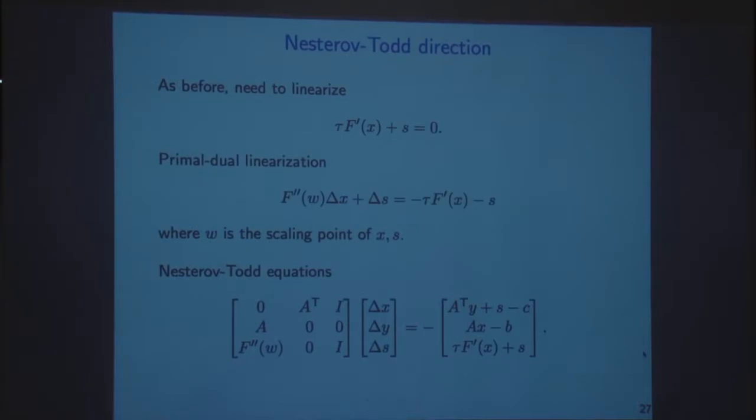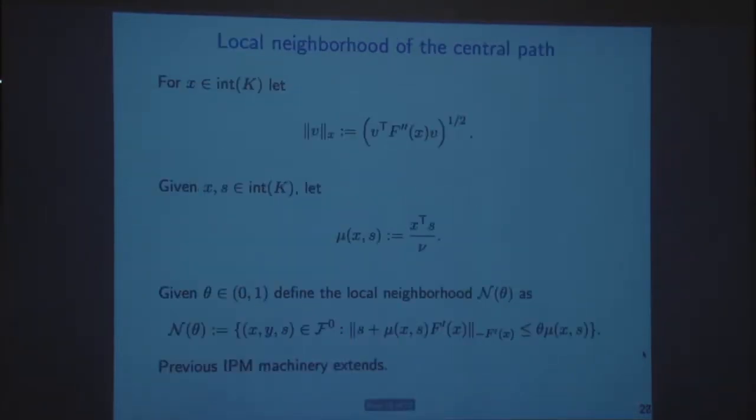You have a Nesterov-Todd direction, and then you have neighborhoods of the central path, and all of the previous machinery extends. So of course there are technicalities, but the main takeaway is that all of the machinery of interior point methods for linear and semi-definite programming extends to these self-scaled cones.